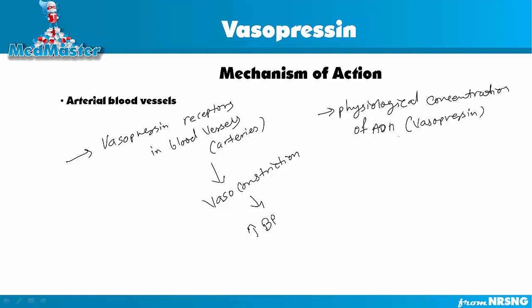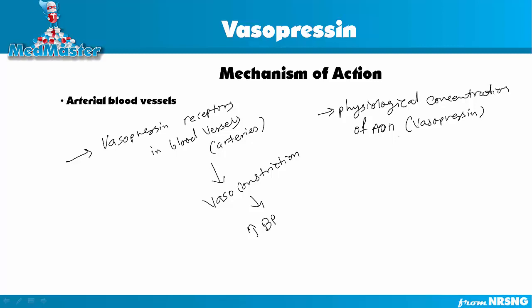But let's say someone has a low blood pressure, then you would put them on vasopressin drips. That concentration is really high compared to what you find normally in the body, and that will cause vasoconstriction. So to cause vasoconstriction, it requires a higher concentration than the normal physiological concentration of vasopressin.